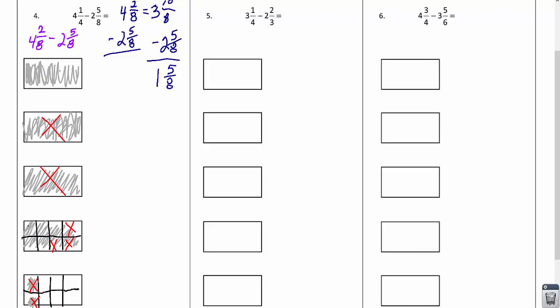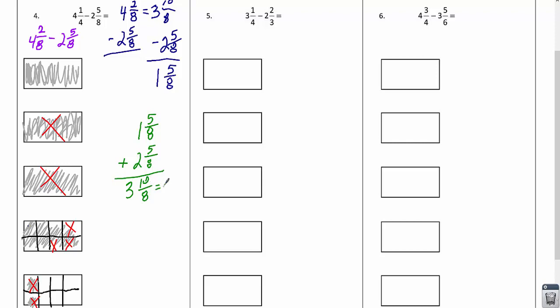Seems right. Yep. Let's double check it with our addition. So I'm going to take that 1 and 5/8 that I had left over, and I'm going to add the 2 and 5/8 that I subtracted. And I'm going to get 3 and 10/8, which is exactly what I had up on top.